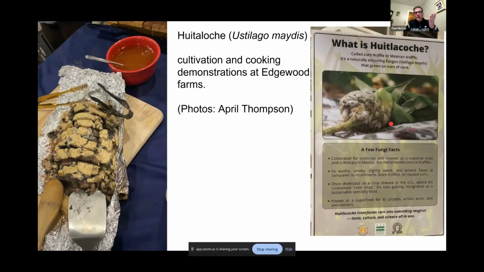Corn, being the American cereal grain, like all cereal grains, is lacking in a couple of amino acids to make it a complete protein, lysine and tryptophan. But huitlacoche is very rich in both of those amino acids. So this being such a common edible combination in pre-Columbian Mesoamerica really enriched the diets of the native peoples there.